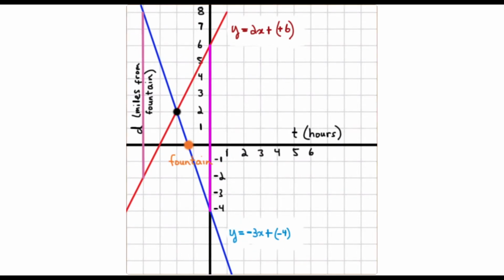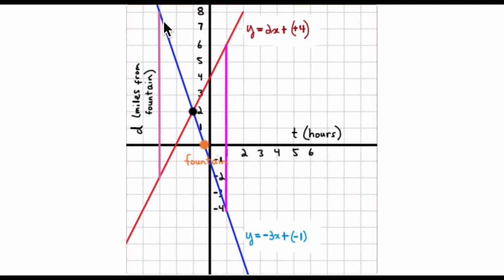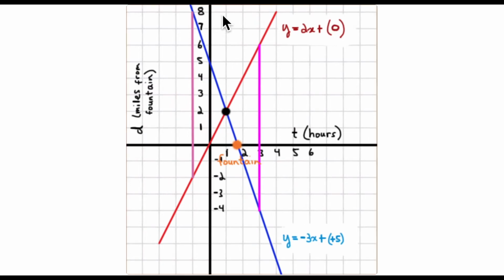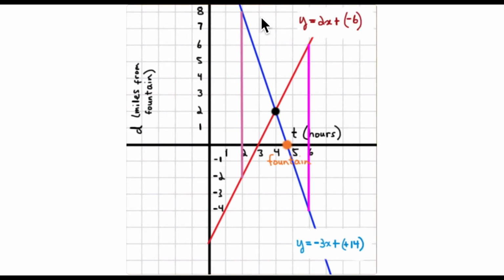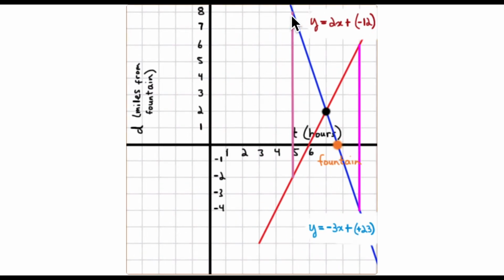So if we start out here, this sister is 8 miles from the fountain, 6 miles from the house. And that remains the same throughout. 8 miles from the fountain, 8 miles from the fountain, and so on, all the way throughout. And this sister down here is 2 miles from the fountain and 4 miles from the house.